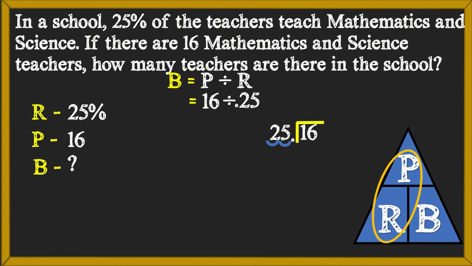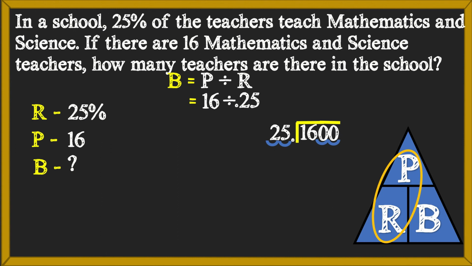So 25 now is a whole number, and since we moved 2 decimal places from the divisor, we need to do that also in the dividend. So 1, 2. Since there are 2 spaces, we need to add zeros. So this will be 1,600 divided by 25.